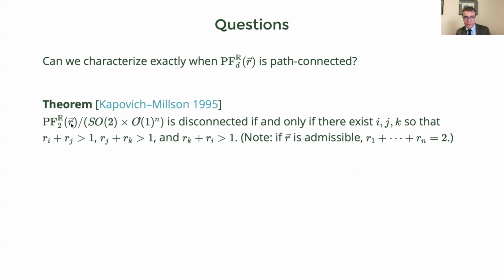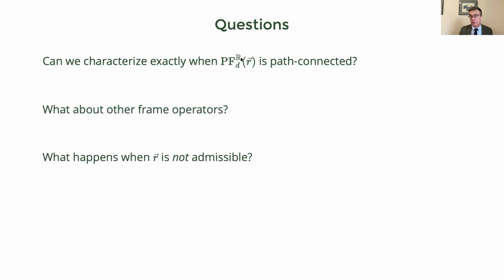There's a characterization of when some quotient is disconnected, and of course, if the quotient is disconnected, the original space also had to be disconnected. We can also prove various theorems about when they are path connected, but there's no sharp dichotomy. There are gaps between what we know about when it's connected and what we know about when it's disconnected.